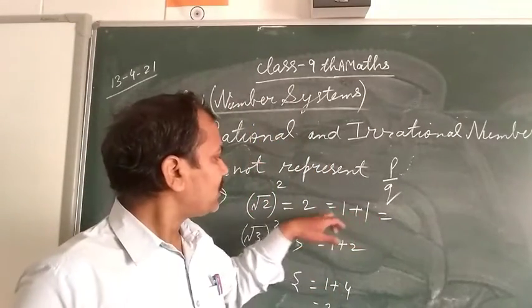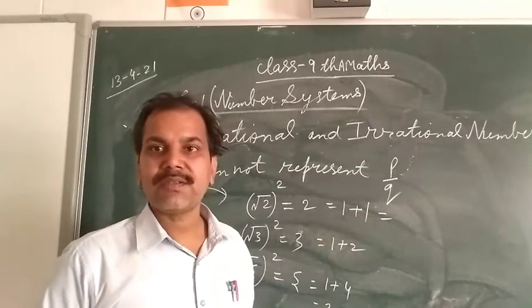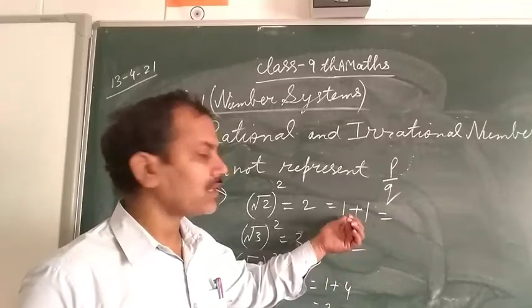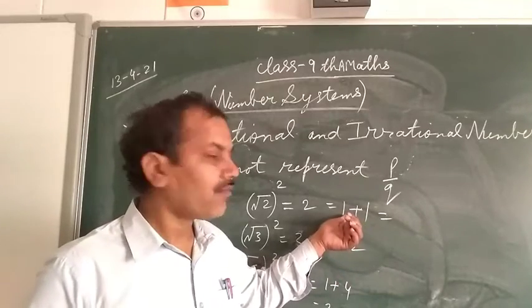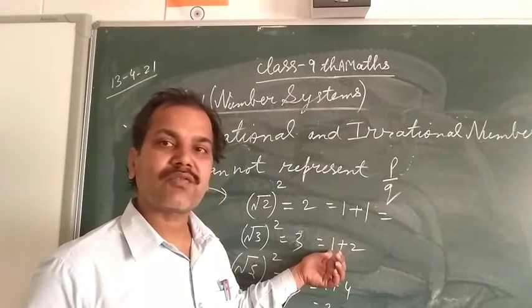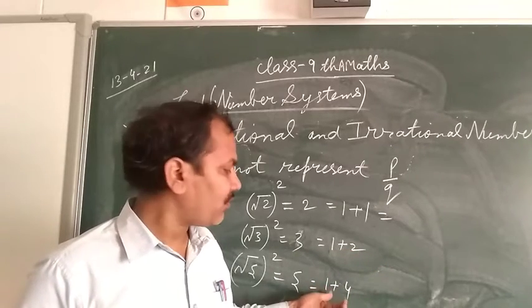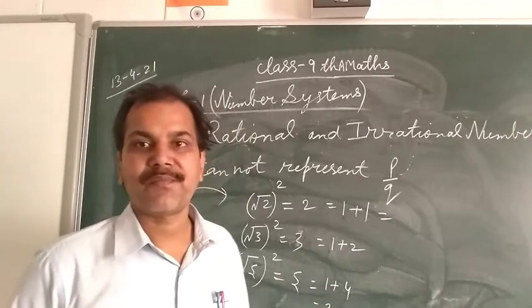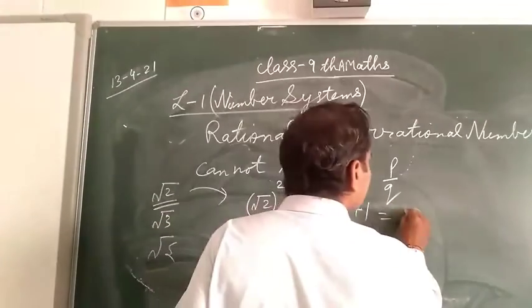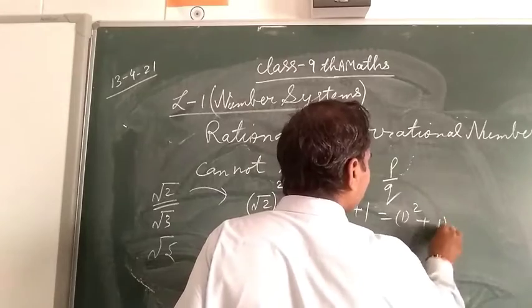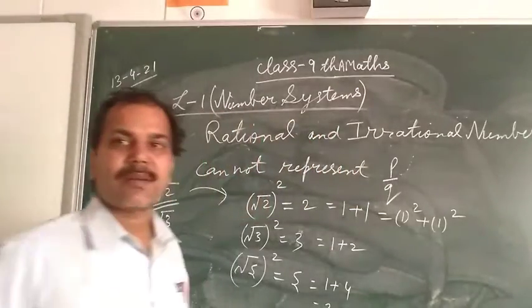Here 2 is equal to 1 plus 1. Find their square roots, meaning the numbers whose squares will be 1 and 1, 1 and 2, 1 and 4, 2 and 3. The square root of 1 is also 1, so we can write 1 square plus 1 square.